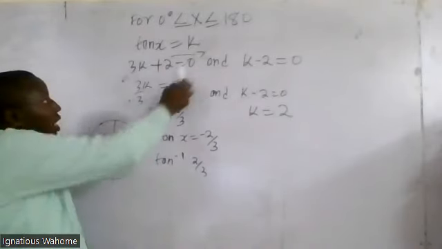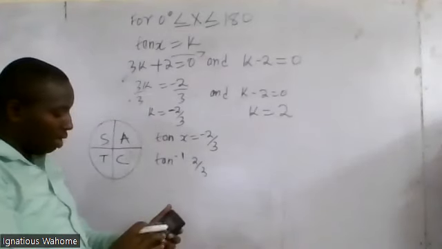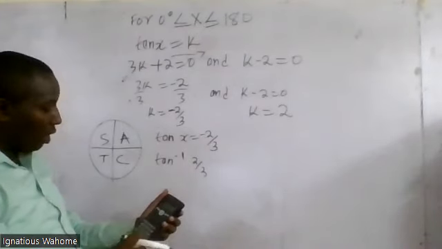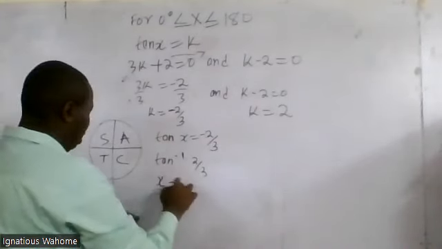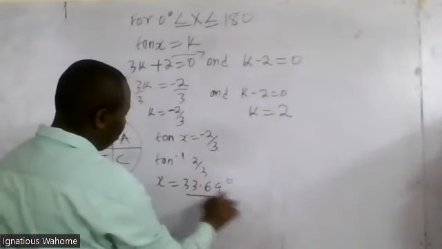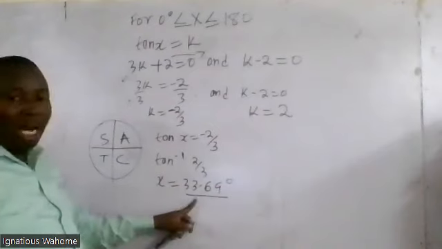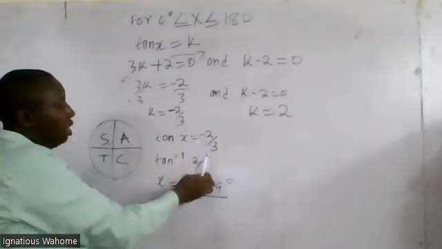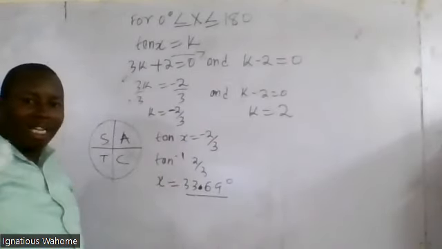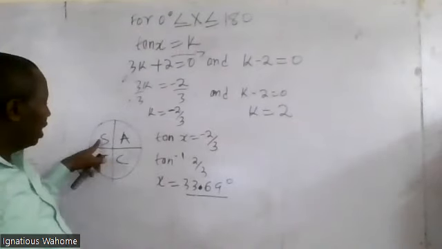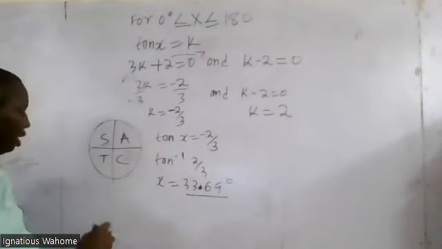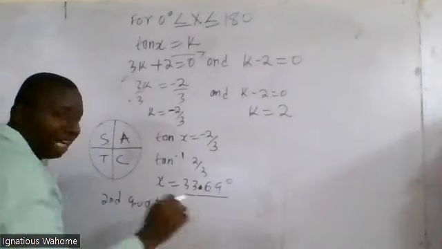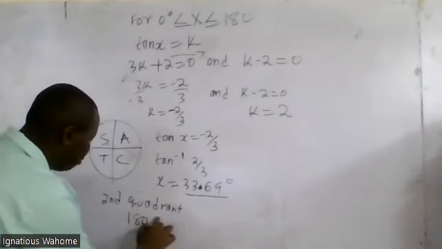But remember, the value of x will not go beyond 180. So get shift tan inverse of 2 over 3. You get that x is equal to 33.69. But this is an acute angle, where tan is positive, in the first quadrant. But you require where tan is negative, in the second and fourth quadrants. So in the second quadrant, where tan is negative, it is 180 minus theta.